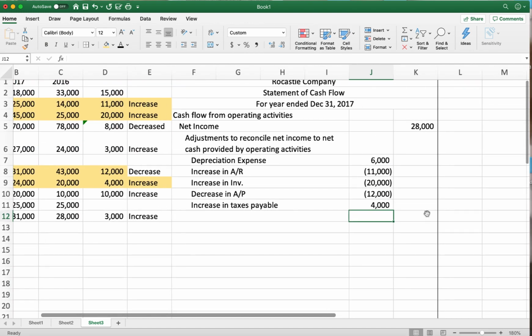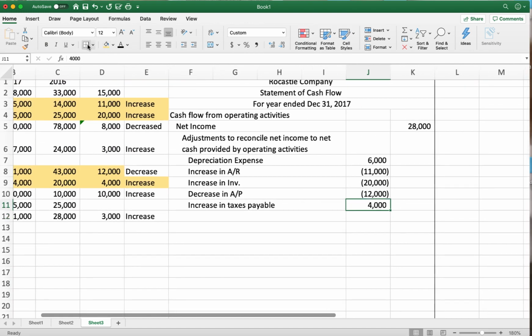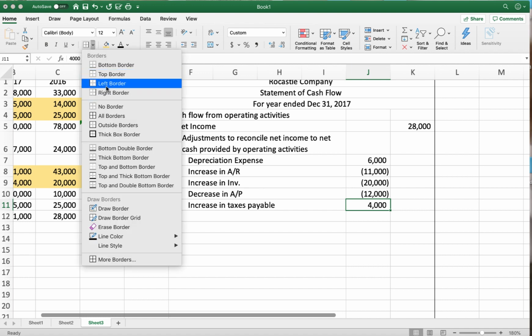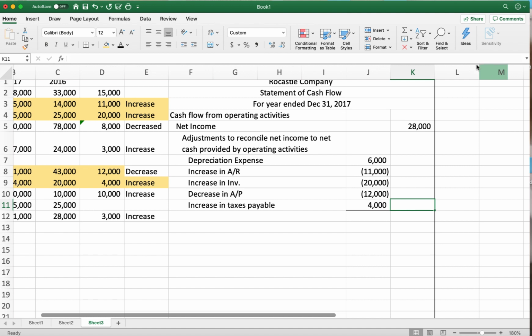Okay? Oh, sorry. So then what I'm going to do is I'm going to put in my bottom border and I'm going to auto sum these. I want to see what's the net cash. Ooh, it's $33,000, okay, in the negative. So my operating activities actually used cash instead of generated cash.